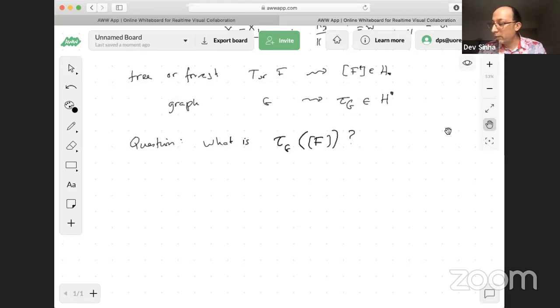Let's just look at one little example. Say G is, let me just have only 3 and connected graphs and forests.